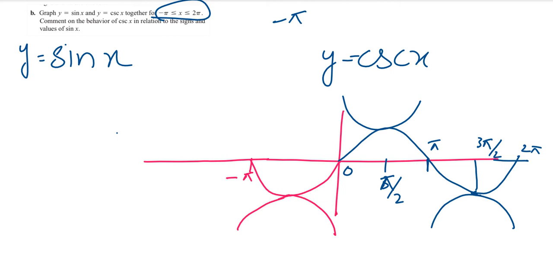So over here is the sine, that is the point -1.